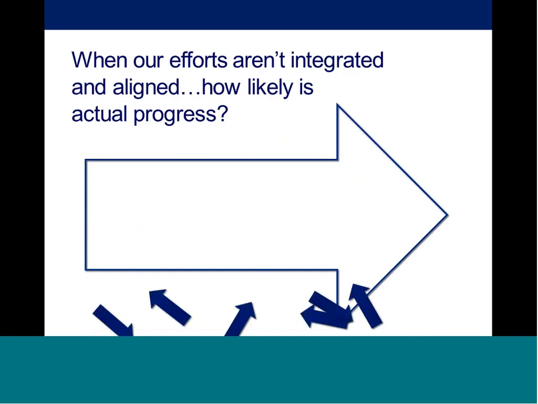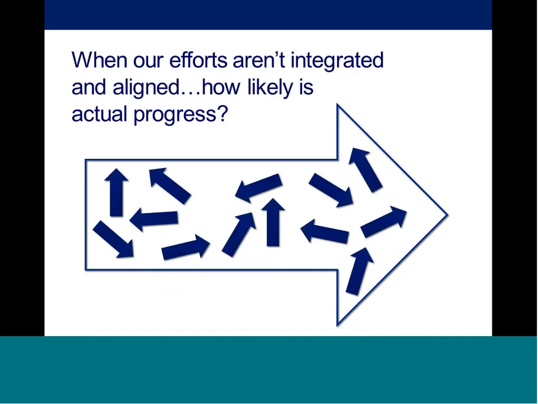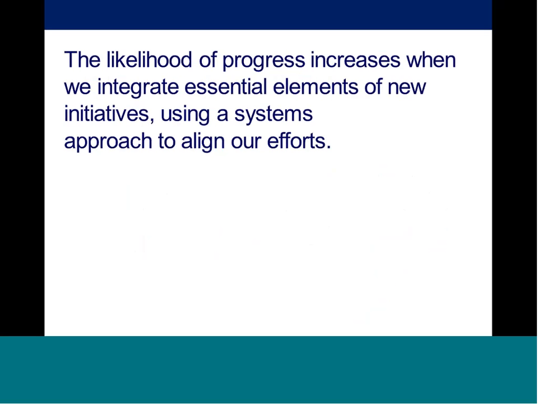When our efforts aren't integrated and aligned, how likely are we actually to see progress in the direction that we intend? Well, if you've got all of these forces acting in different directions, they ultimately end up canceling each other out. And what you find is you see yourself entering into a new initiative feeling like you never got past the point that the prior initiative was supposed to take you to.